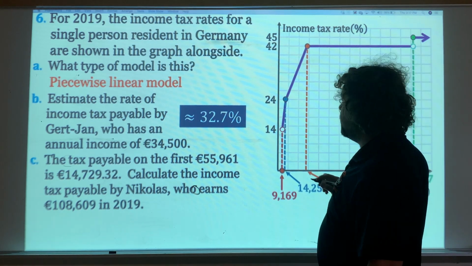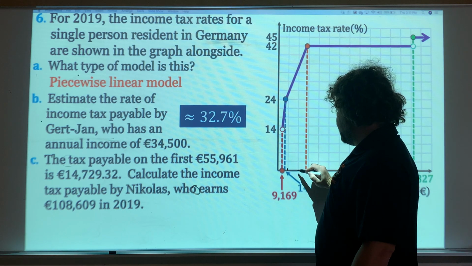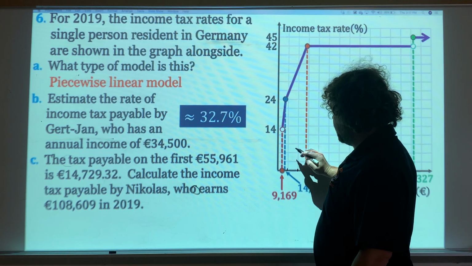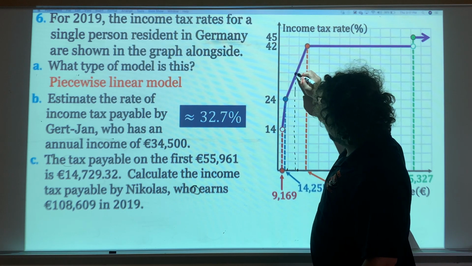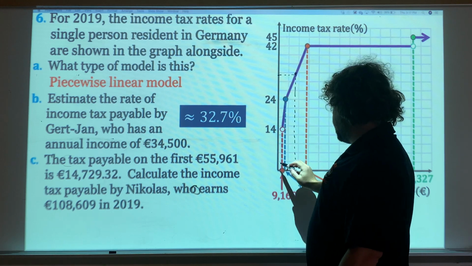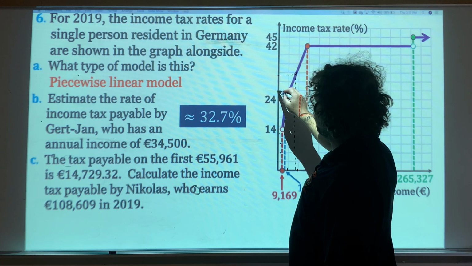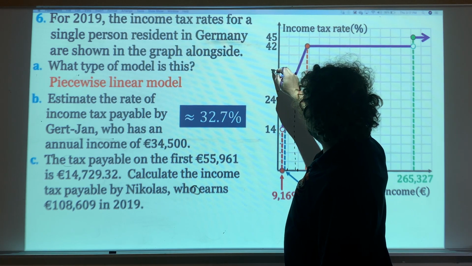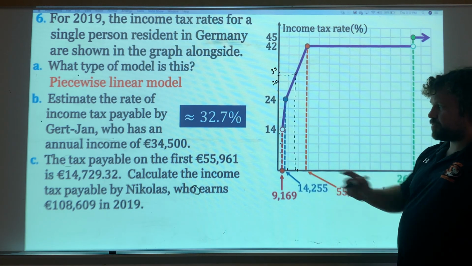So this is 20, this is 40, 34 is about here. Go up to here, go over here. This is 24. Each one of these goes up by 3, so 24, 27, 30, 33. So it's right between 30 and 33. That's where you get your 32.7.